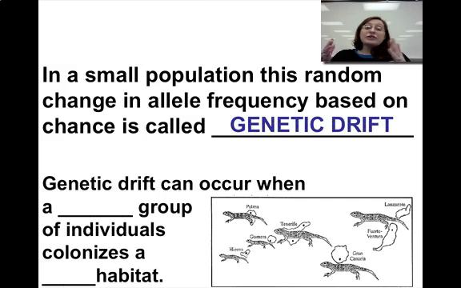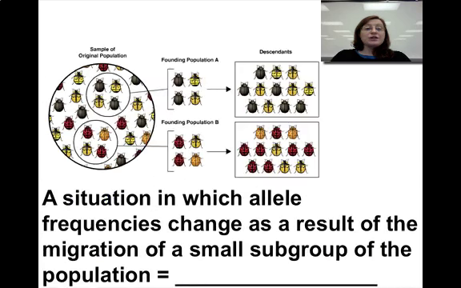Okay? Genetic drift in small populations is the random movement of alleles in or out of populations, and this can happen when we colonize a new habitat. So again, genetic drift is just random changes in the frequency of the alleles simply because the population is so small that we're not seeing the predicted outcomes. Here's an example.